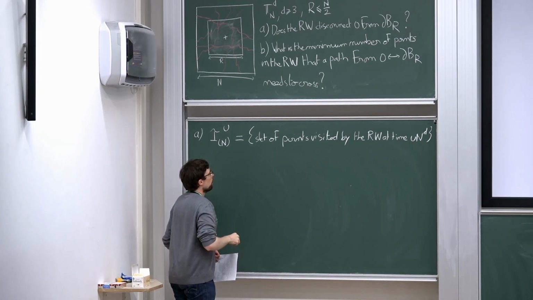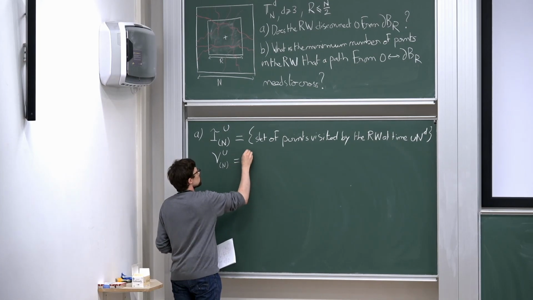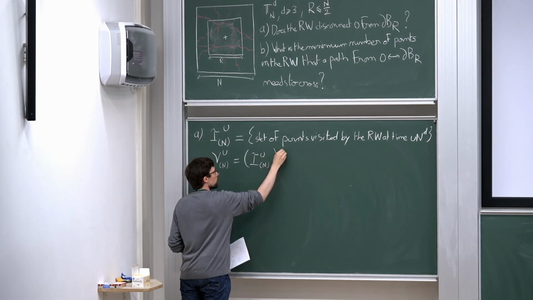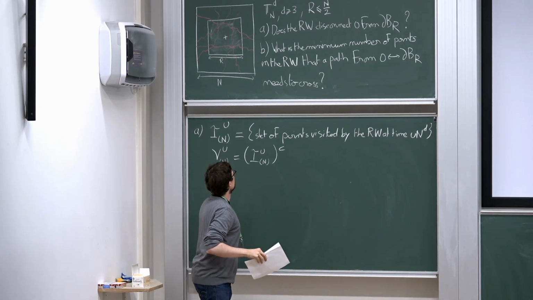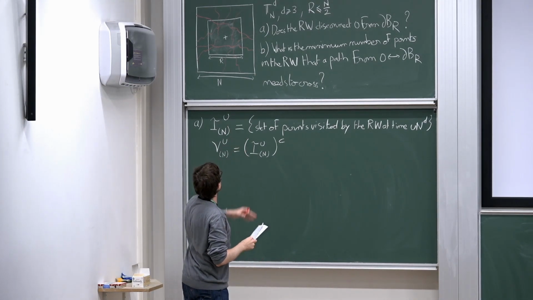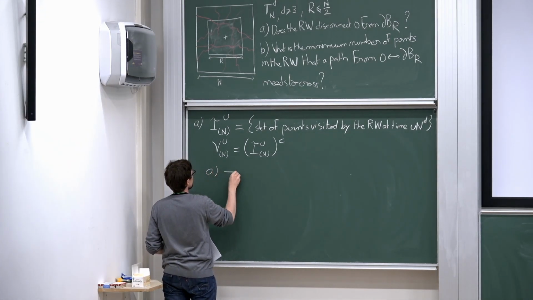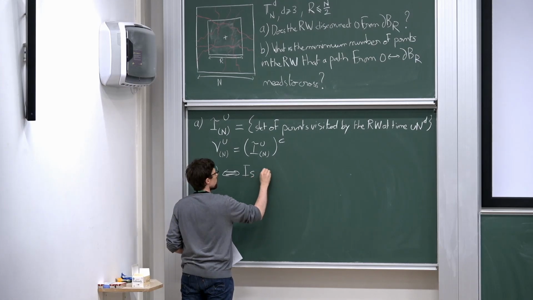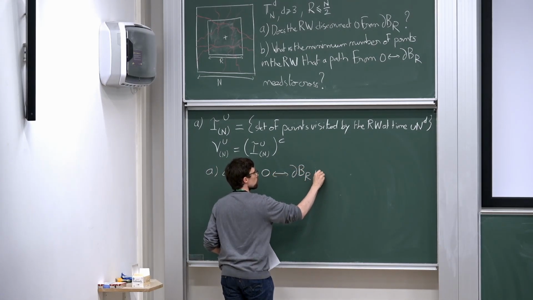I will also denote by V^u, which depends on n, the set of points which are not visited by the random walk, so it's the complement of I^u in my torus. And then I can rephrase question A simply as follows: A is equivalent to asking whether there is a path from 0 to r in the vacant set, which avoids the random walk.